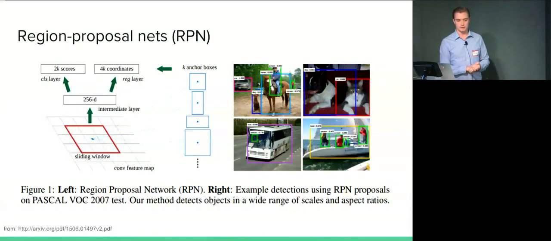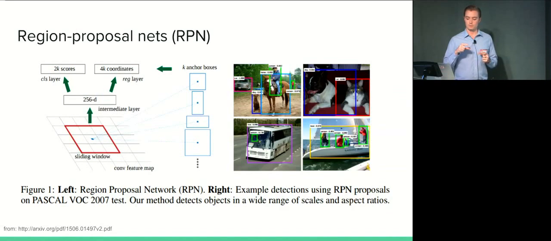And it'll output two sibling outputs. Basically, you have a score of whether or not this box is an object. And the second is 4 coordinates: the center x, y, and then a width and a height for a regression to get to an anchor box.